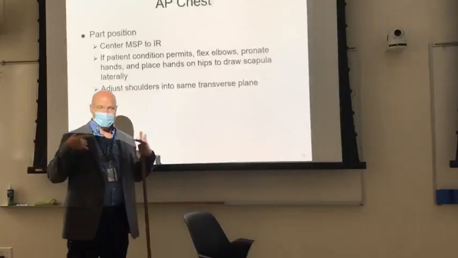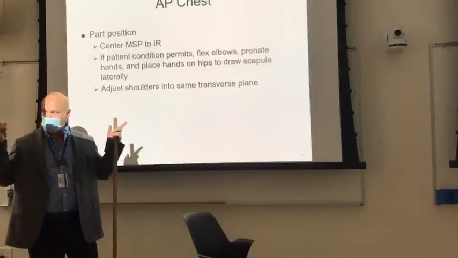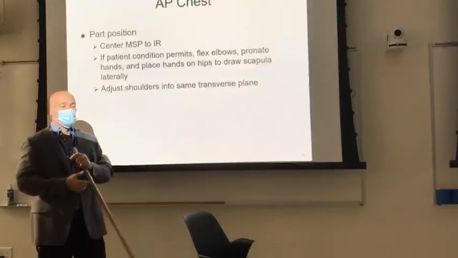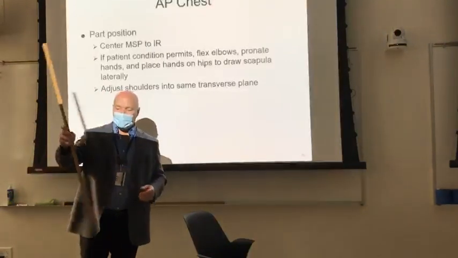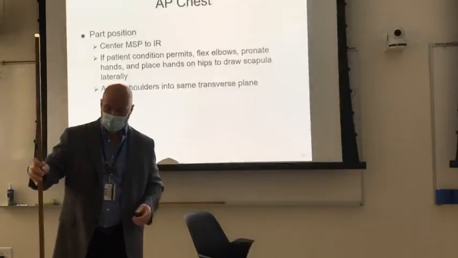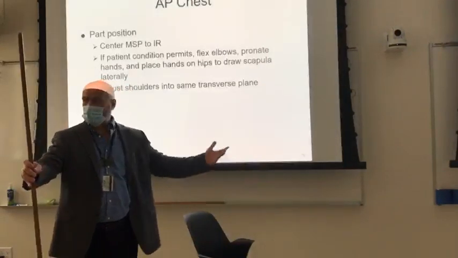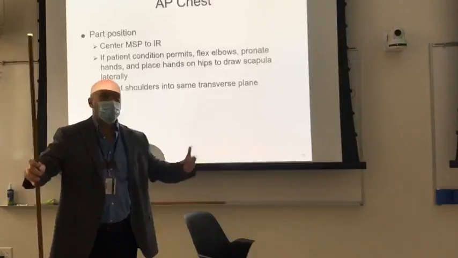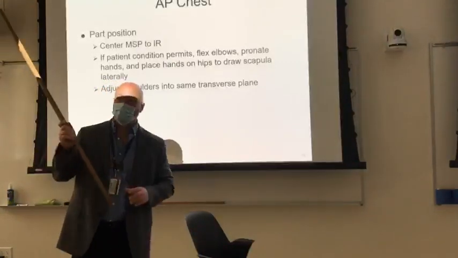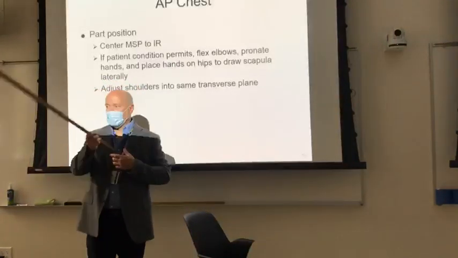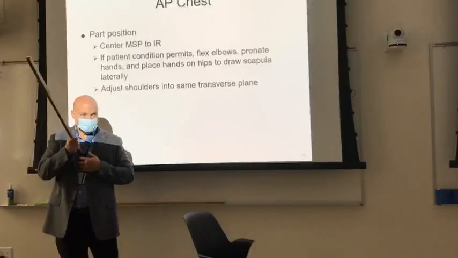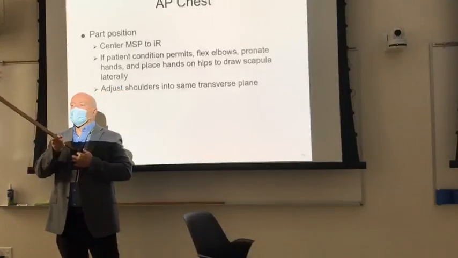Where were the clavicles going to be? Too high, right. So if you angle perpendicular to the image receptor, it's going to be as if you stood the patient up and didn't rotate the shoulders forward. So your central ray needs to be perpendicular to the sternum. Okay?